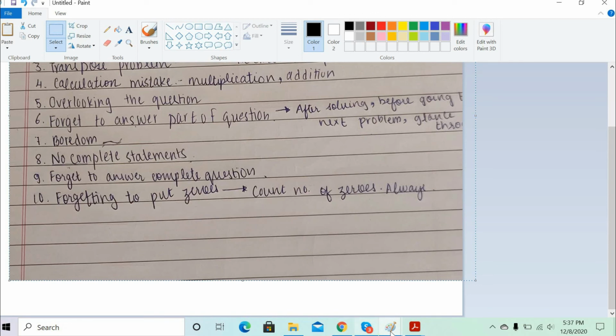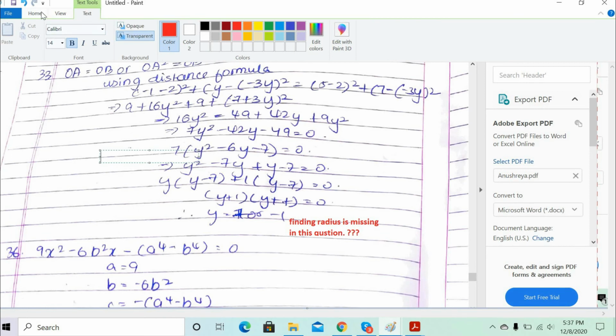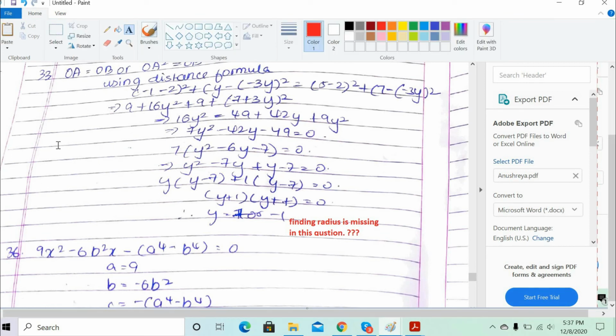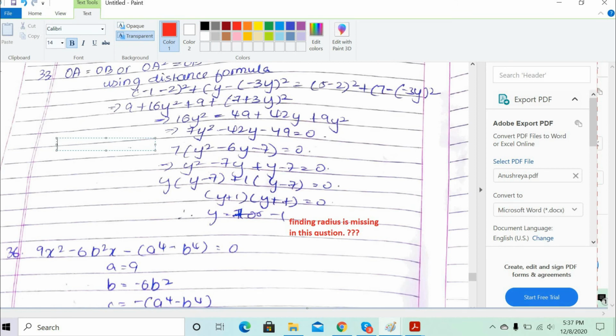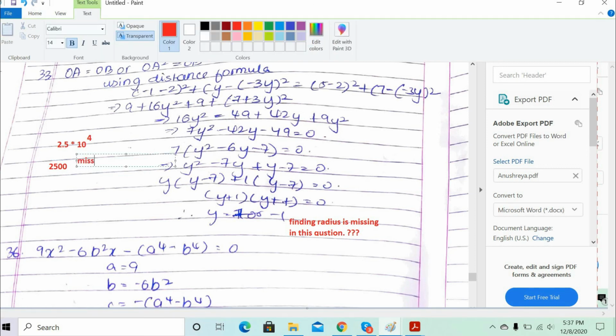This can happen when your answers have many zeros. For example, if the calculation gives 2.5 into 10 power 4, and if I write the answer in a hurry as 25 and only 00, I miss out a zero.